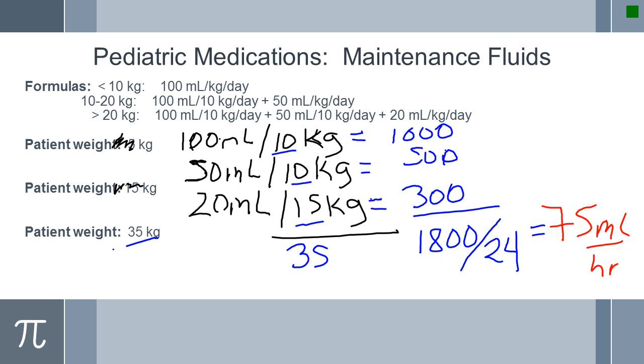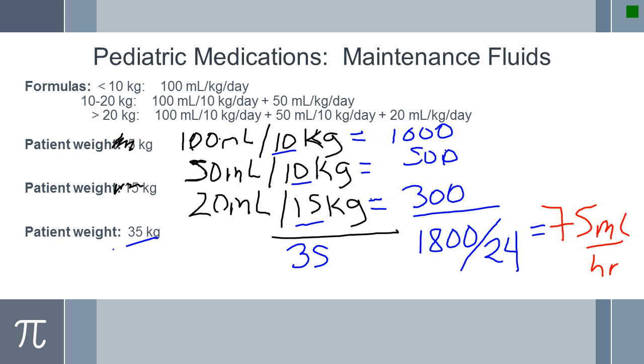So all we're going to have to do is take our 100 milliliters times our 5 kilogram child, and this is going to give us a daily dose. So 100 times 5 gave us 500 milliliters a day.